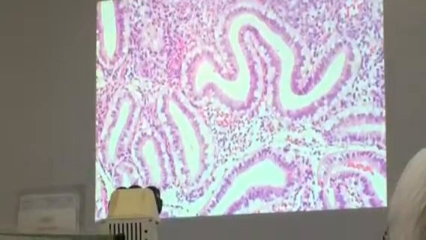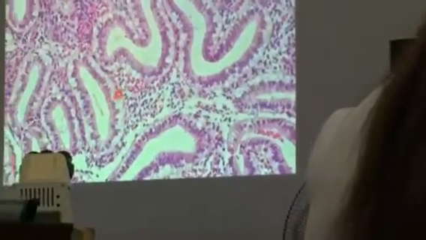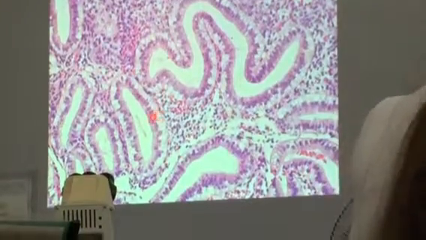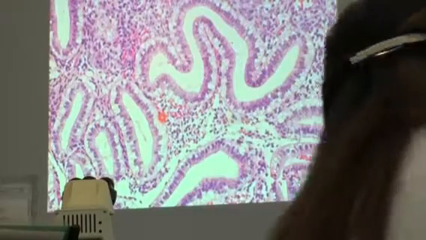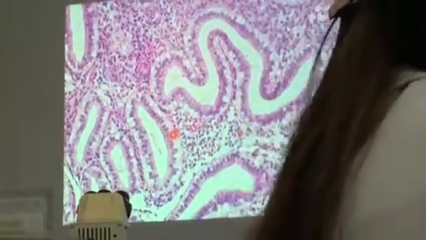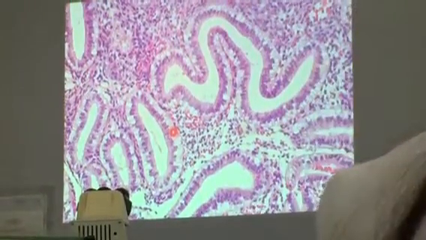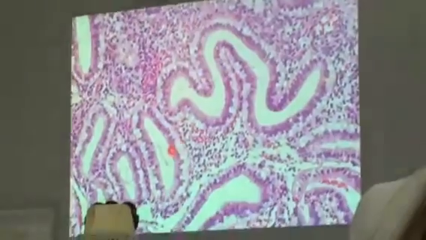Now, if you look at the glands more closely, you'll see that there are vacuoles between the nucleus and the basement membrane. This is called subnuclear vacuoles, because they're under the nucleus.